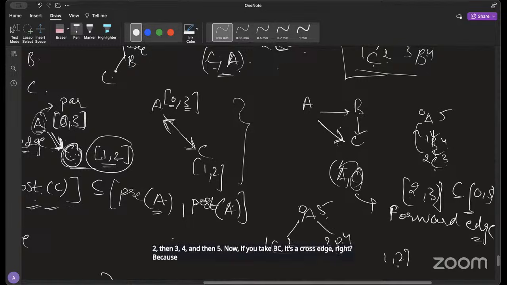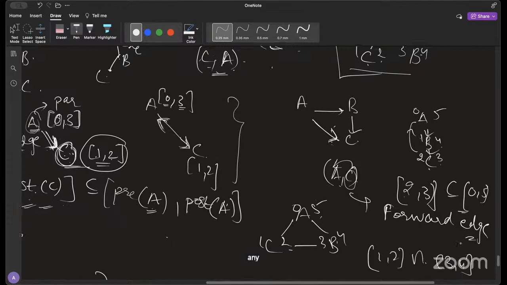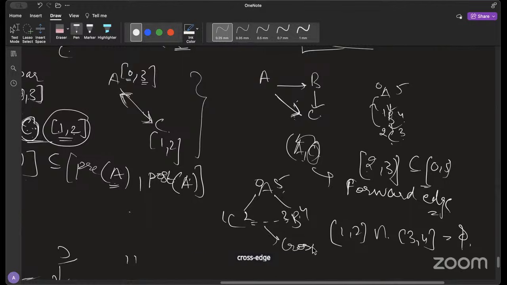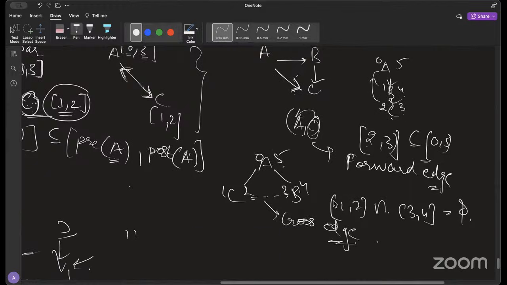Because 1, 2 and 3, 4 do not have any intersection. It's empty. So this non-tree edge, let me draw it as a dotted line, is a cross edge. Is that okay?